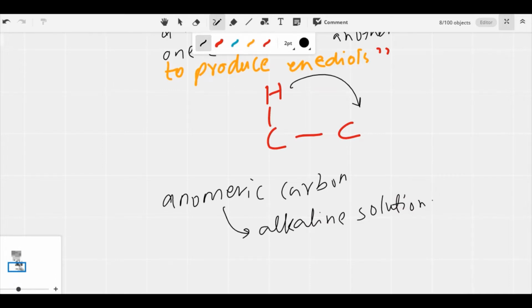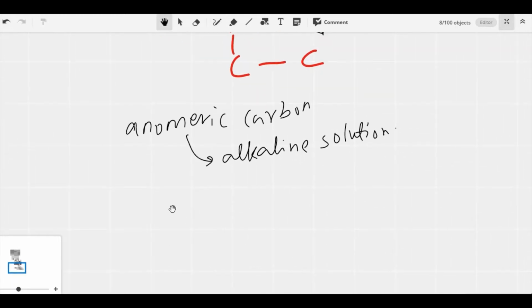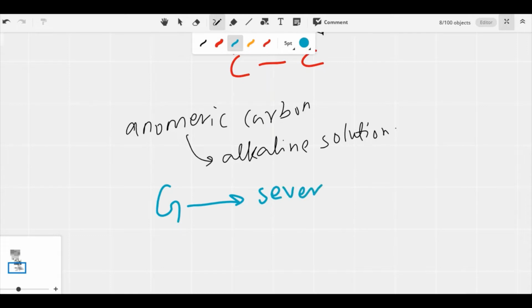Okay, how is it possible? When glucose is kept in alkaline solution for several hours, what will happen?